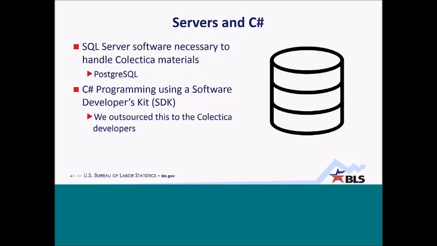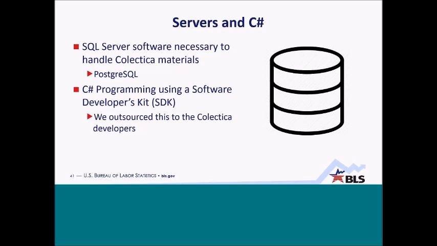So in order to run the Collectica system, you need SQL Server in some form or another. You could use PostgreSQL, which is open source, but the BLS doesn't like open source things. As one of the other presenters pointed out, that's something we really should be taking advantage of.